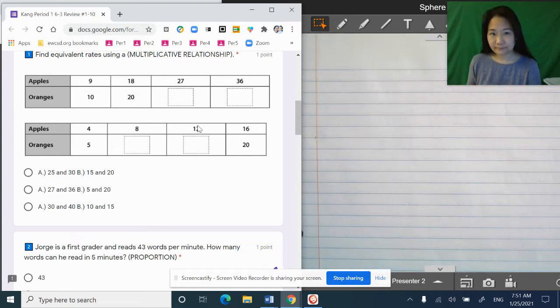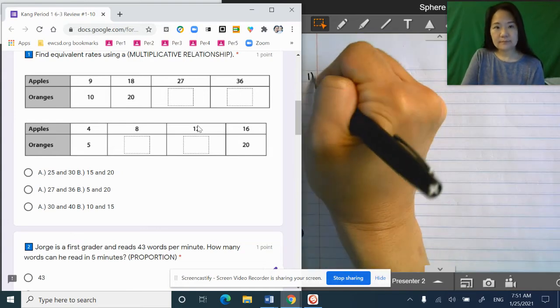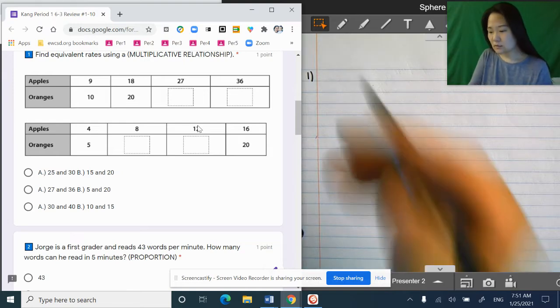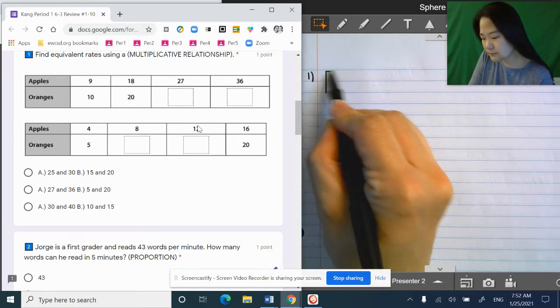Number 1. It says find equivalent rates using a multiplicative relationship. So as you see 2 tables, and it has a ratio of apples to oranges. So first thing I'm going to do is draw the 2 tables.